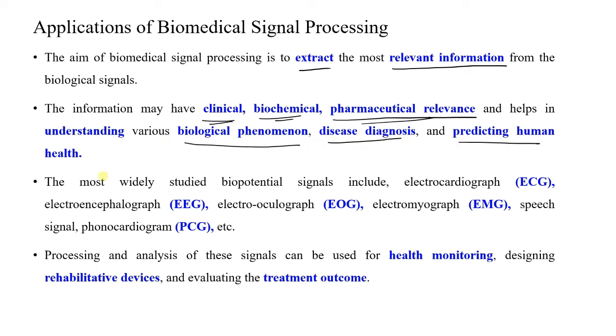So these three are the main application areas of biomedical signal processing: we want to study biological phenomena, we want to do disease diagnosis, and we want to predict human health.